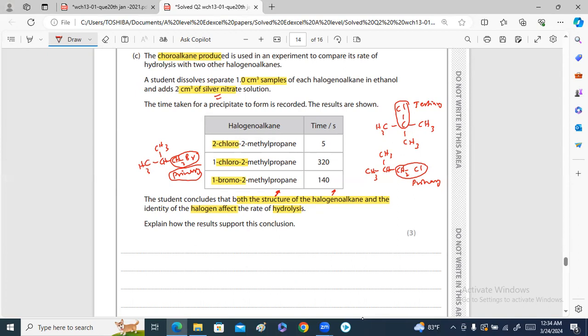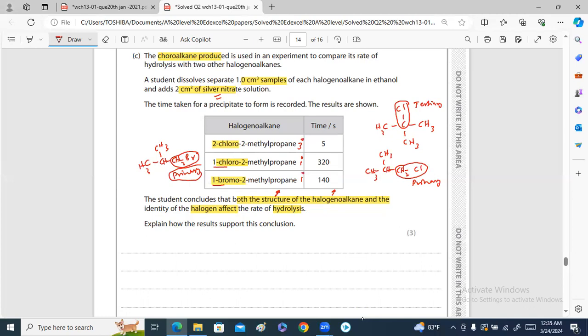Now, if we look at the results, this is the result for tertiary, and these are the two results for primary halogenoalkanes, but they have different halogens. Here you have the 1-chloro, here you have the 1-bromo. So we can see the times, 5 seconds, then 320 seconds and 420 seconds.